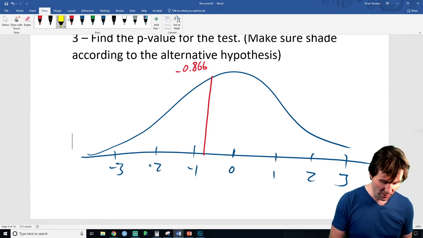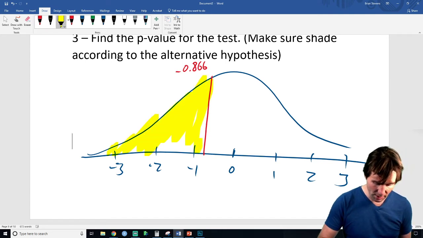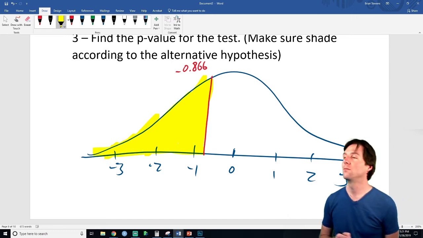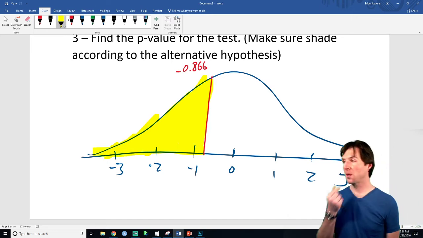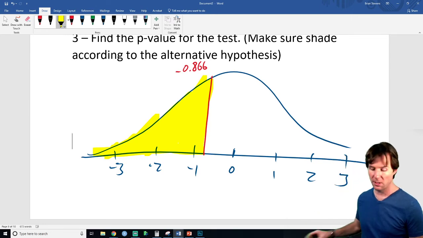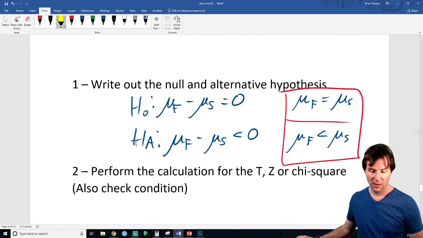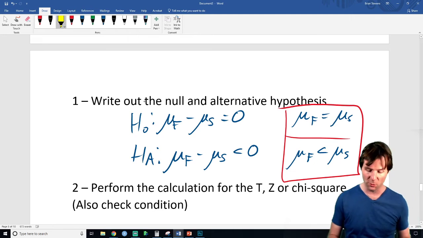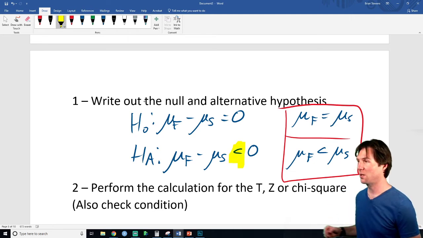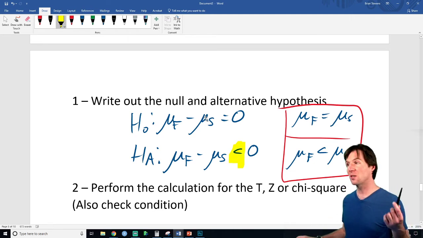Now, how do I plot my p-value? To the left. Why in the world am I plotting to the left of that? The reason I'm plotting to the left is because the alternative is the less than alternative. If you notice the direction of the sign, the alternative is the less than alternative. And from here, it's downhill.